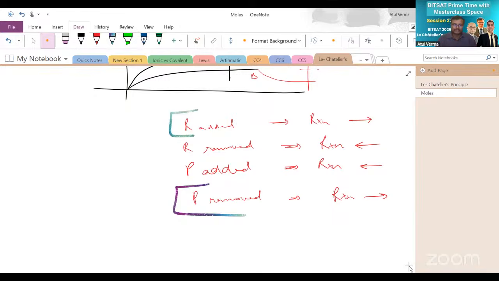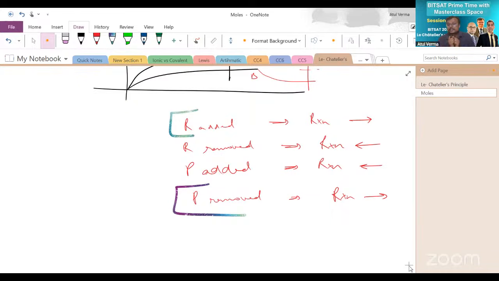And when you study continuous processes in your first year, second year engineering courses, one is a batch process, one is a continuous process. In a continuous process, the best way to ensure a good extent of reaction, because equilibrium is not about feasibility of reaction, which is what thermodynamics tells us.